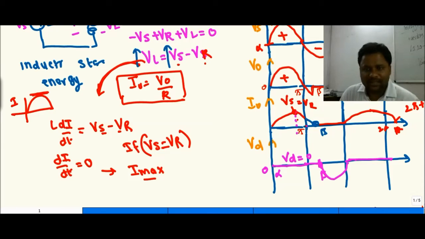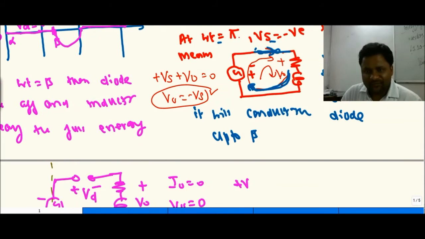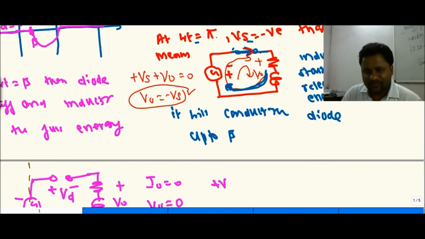Now the inductor has to release the energy. After this point, the inductor releases the energy in this fashion, and it will force conduct the diode, and the output voltage becomes negative after omega t equals 2 pi.